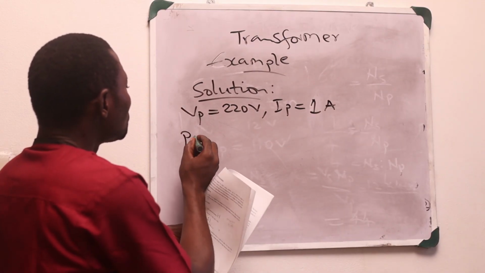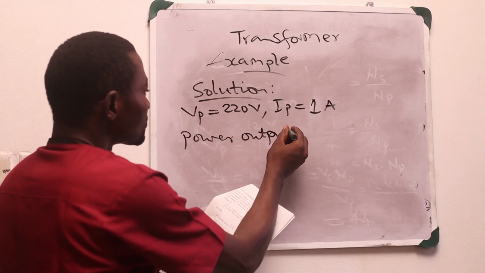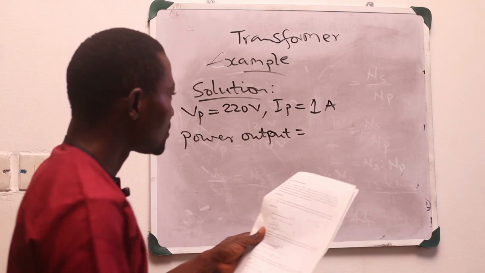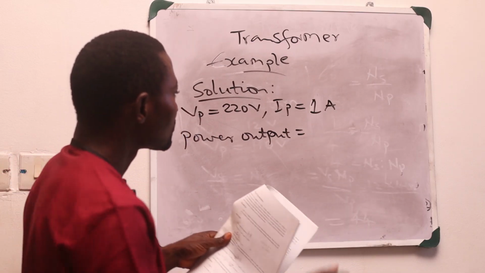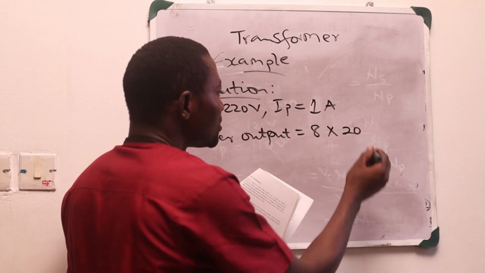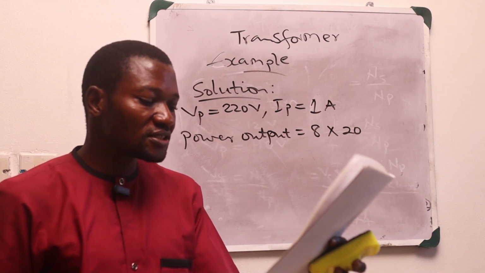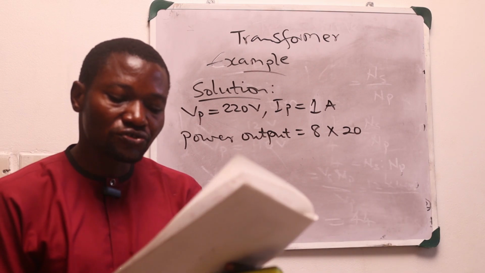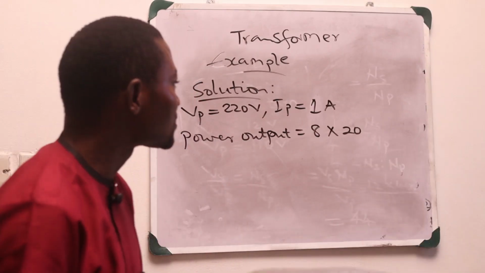Then the power output, we can calculate it, is 8 times 20, because from the question the transformer's output is used for lighting 8 12 volt 20 watt lamps.